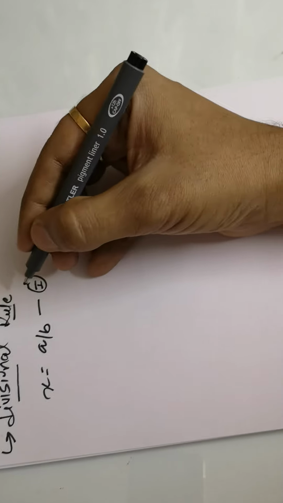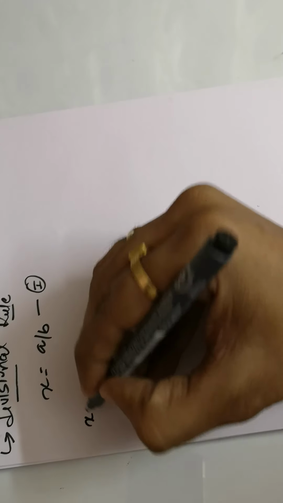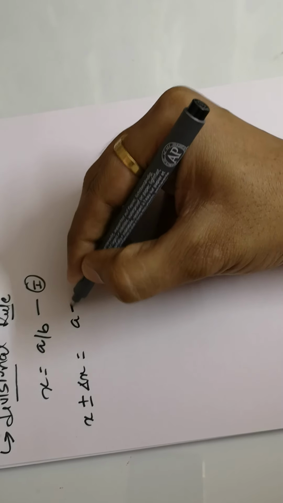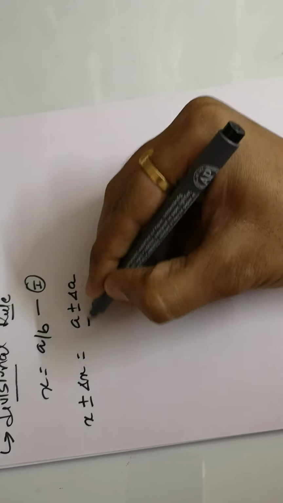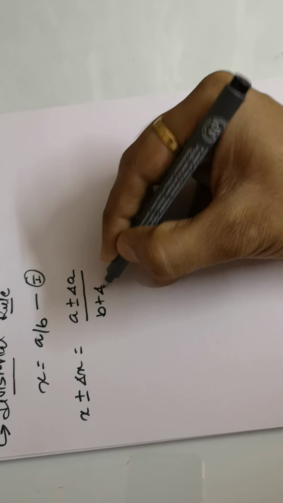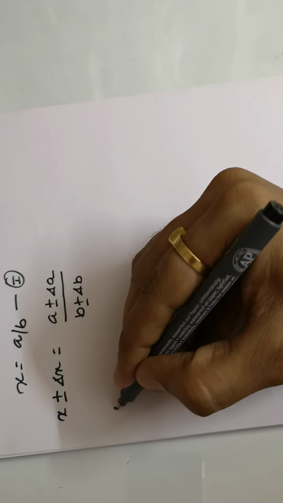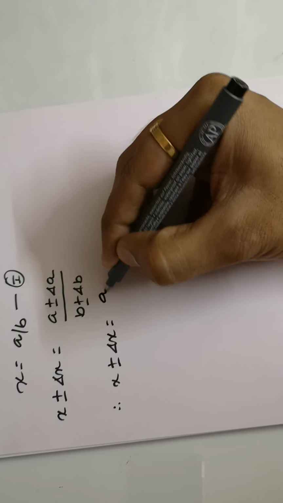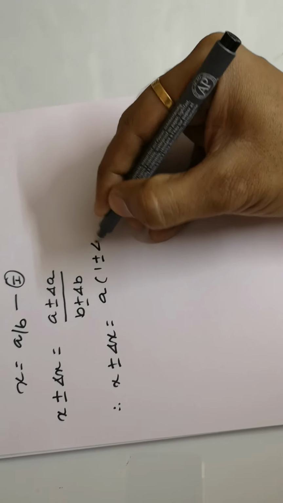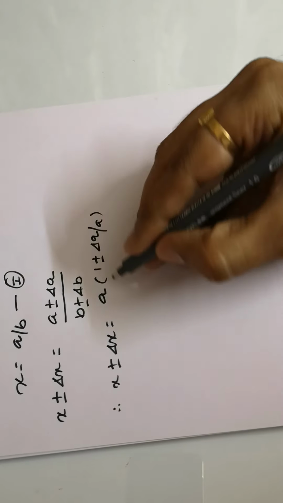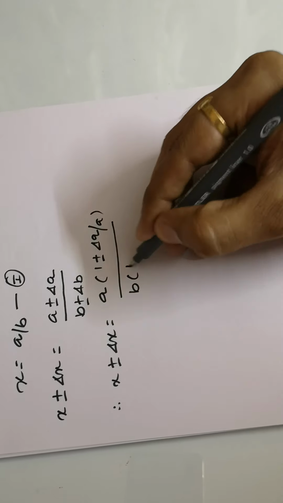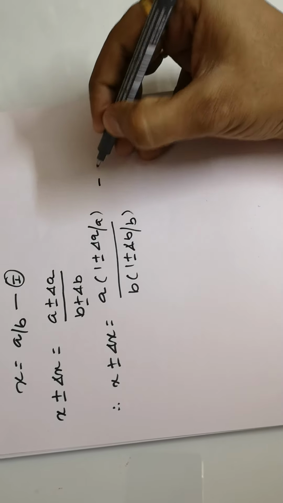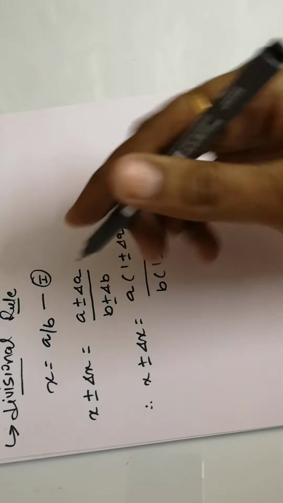Now you are familiar with the delta x and delta b notation, so I'm mentioning that directly. x plus or minus delta x equals a plus or minus delta a divided by b plus or minus delta b. A is common, 1 plus or minus delta a by a, and b, 1 plus or minus delta b by b.